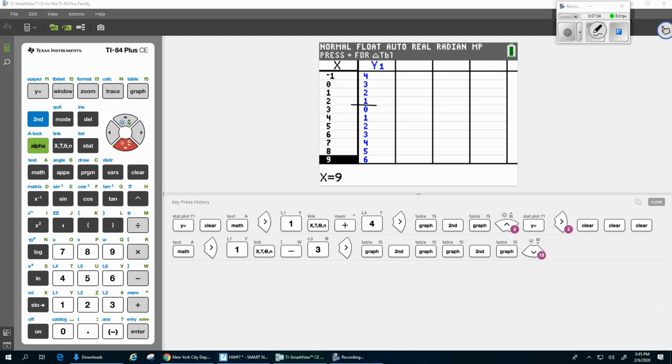I have the smallest y value at 0. So my vertex is (3, 0). Again, this is the smallest y value, so that means that this is, again, a minimum vertex.